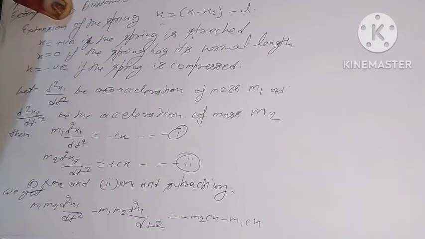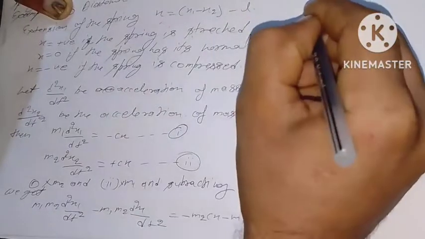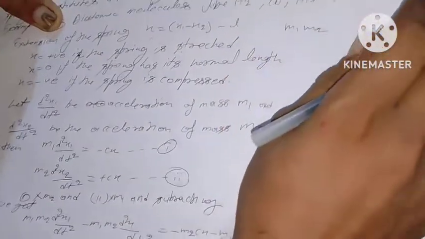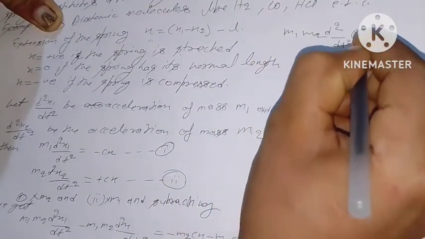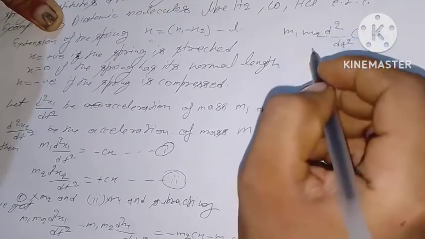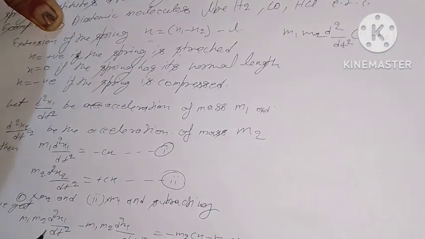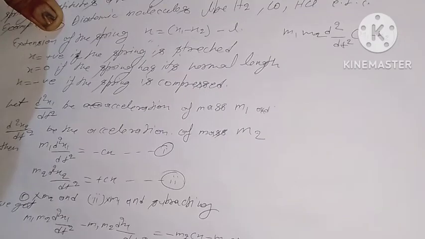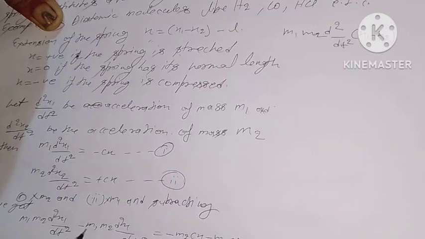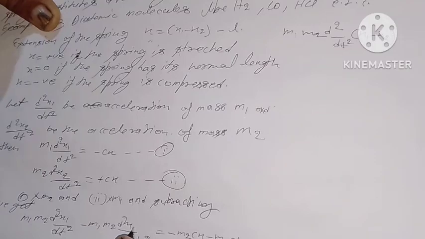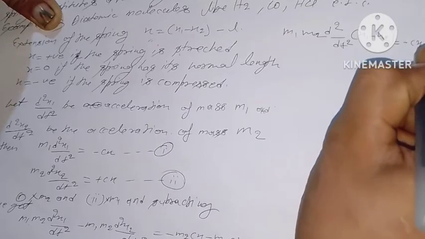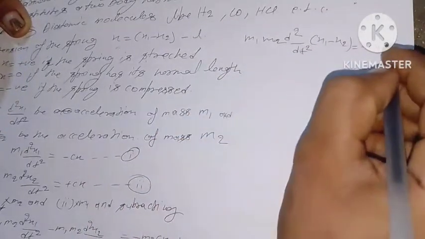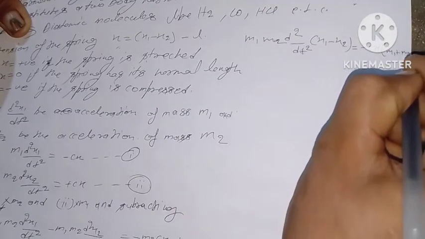So m1 m2 d²/dt² (x1 minus x2), because m1 m2 d²/dt² is common, equals minus Cx, which is common, times (m1 plus m2).